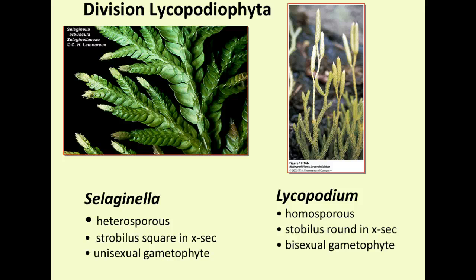So bisexual in this one, right, if we're looking at a homosporous plant, it would have to have male and female reproductive structures on the same thing. But if we're looking at a plant that you have heterospory going on, the male and the female spores, they're taking the roles, so they're each doing their own thing. Does that make sense?